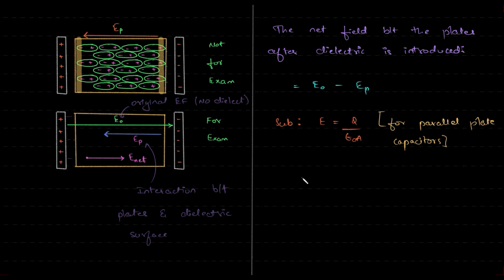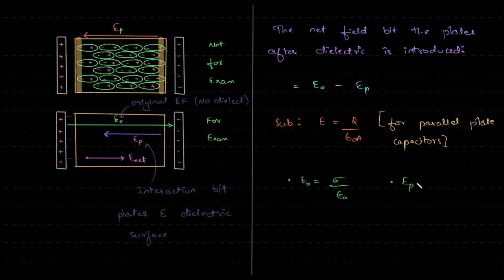So this is equal to Q by A, which is nothing but your charge density, divided by epsilon. It can be epsilon m, epsilon naught, whatever. It depends on the medium. Right? So this will be your initial scenario.